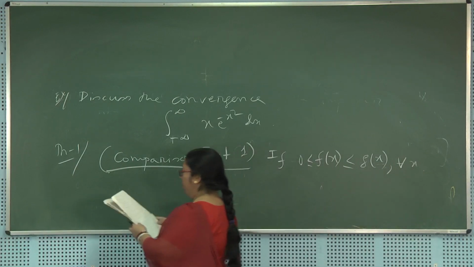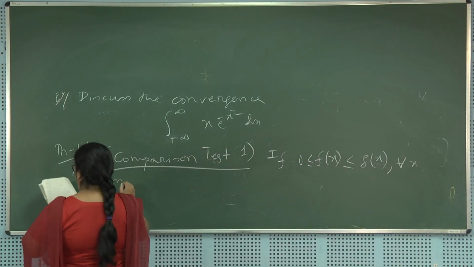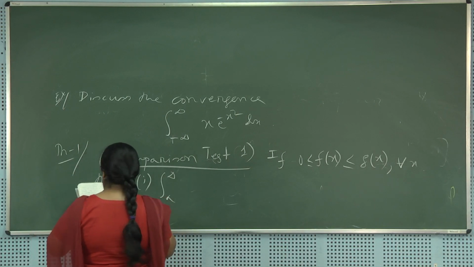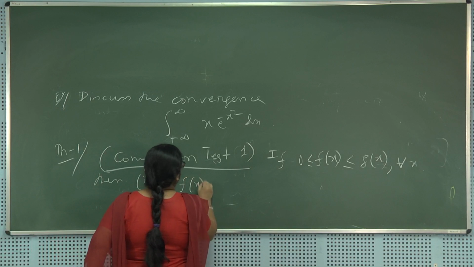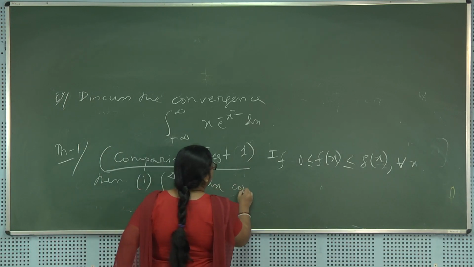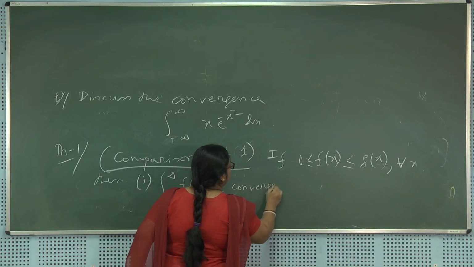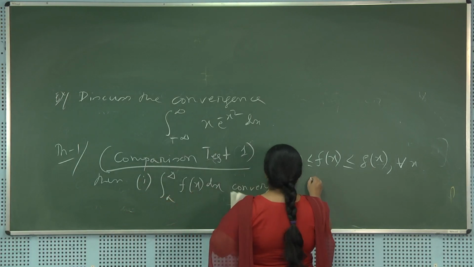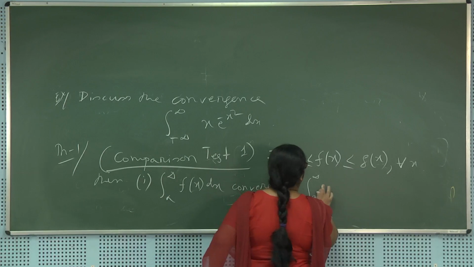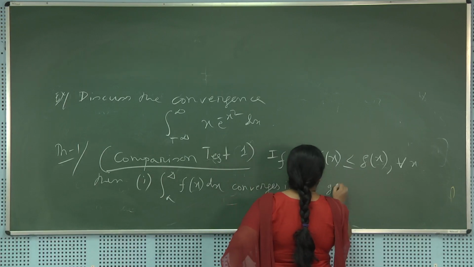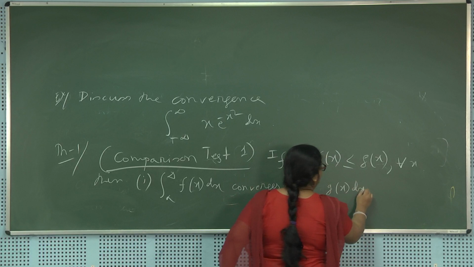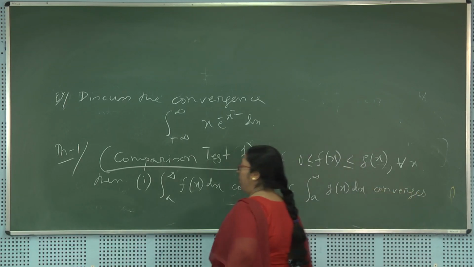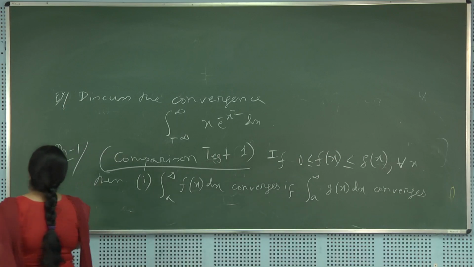Then the comparison theorem says that number 1, the integral a to infinity f(x) dx converges if the integral a to infinity g(x) dx converges. How to remember? You can just think about one function, another function.